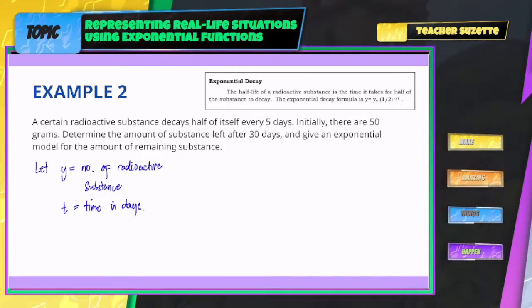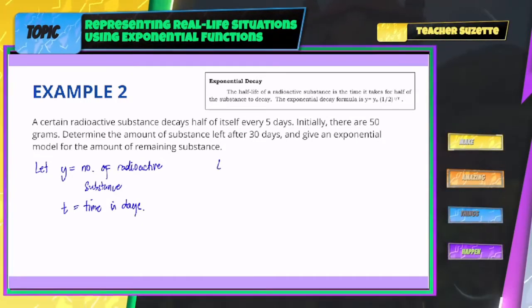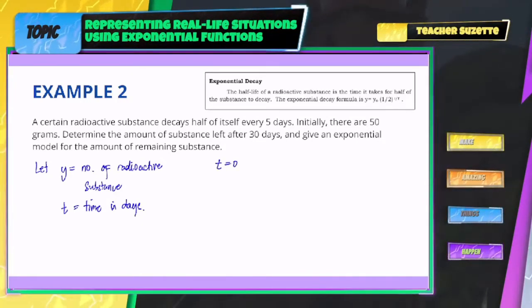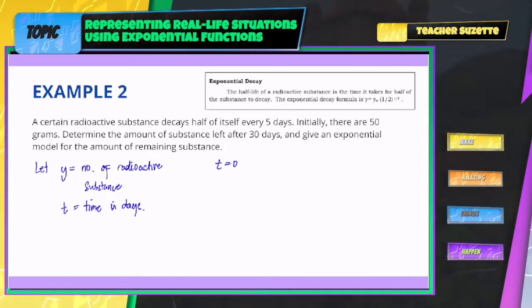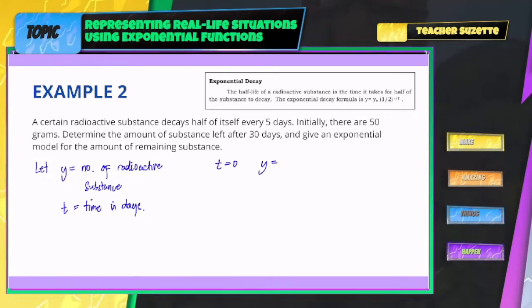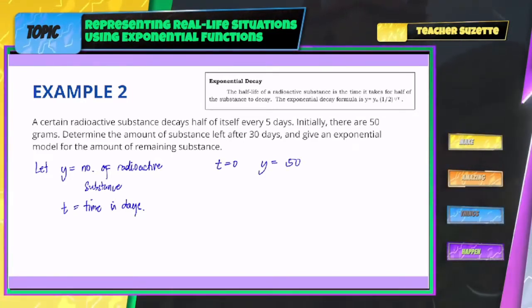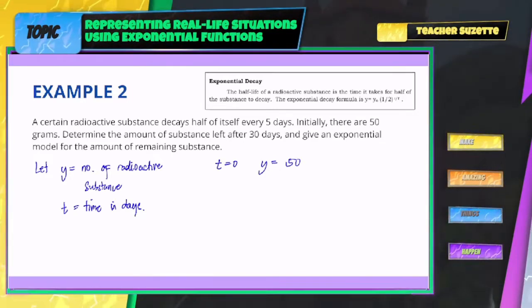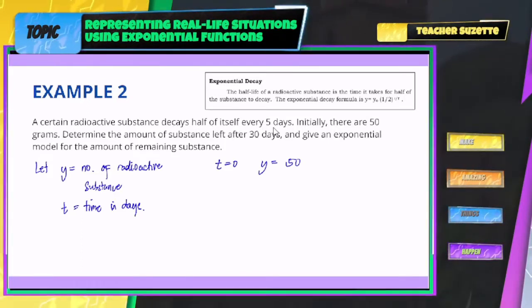Based on our problem, when our time is 0, or initially, the amount of our radioactive substance is 50 grams. Then it will decay half of itself every 5 days.